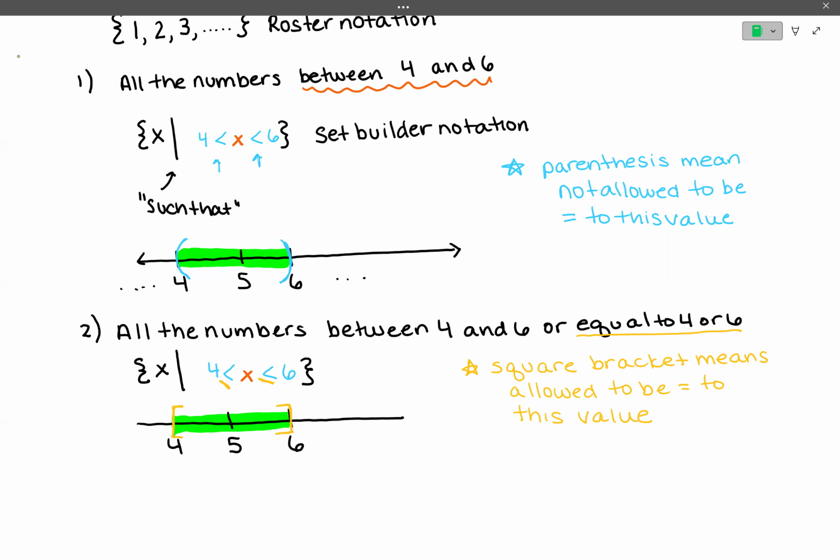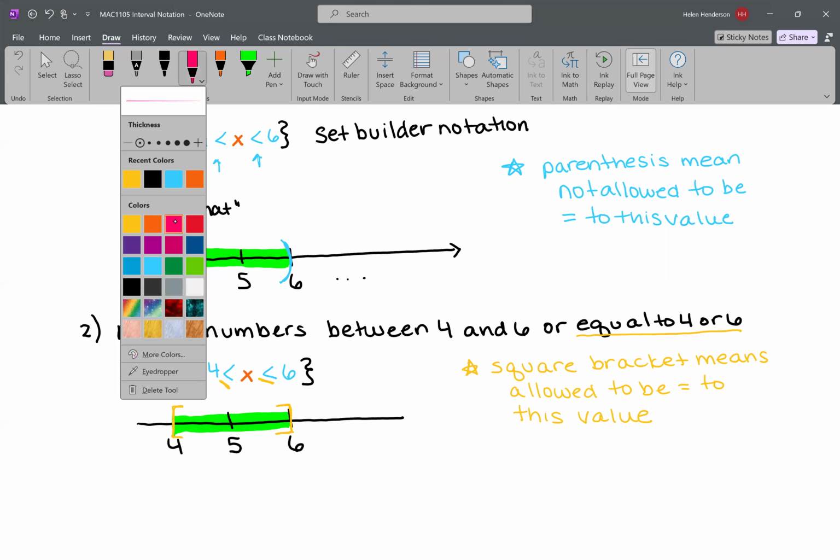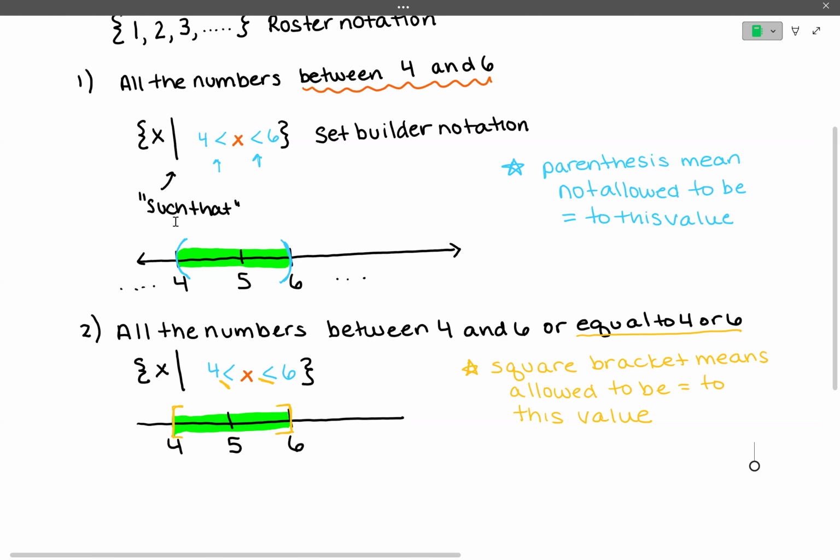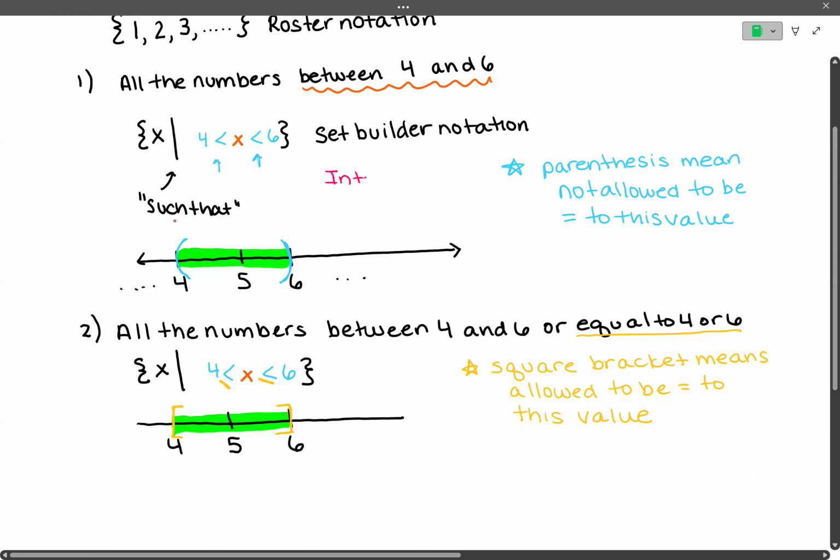Now, you could have an even smaller, shorter symbolic notation, which is called interval notation. And interval notation is actually the preferred notation of mathematicians across the globe. So the interval notation takes the number line notation with the parentheses or the squares, and it just writes the numbers. So on number 1 here, for interval notation, I could have all the numbers from 4 to 6.